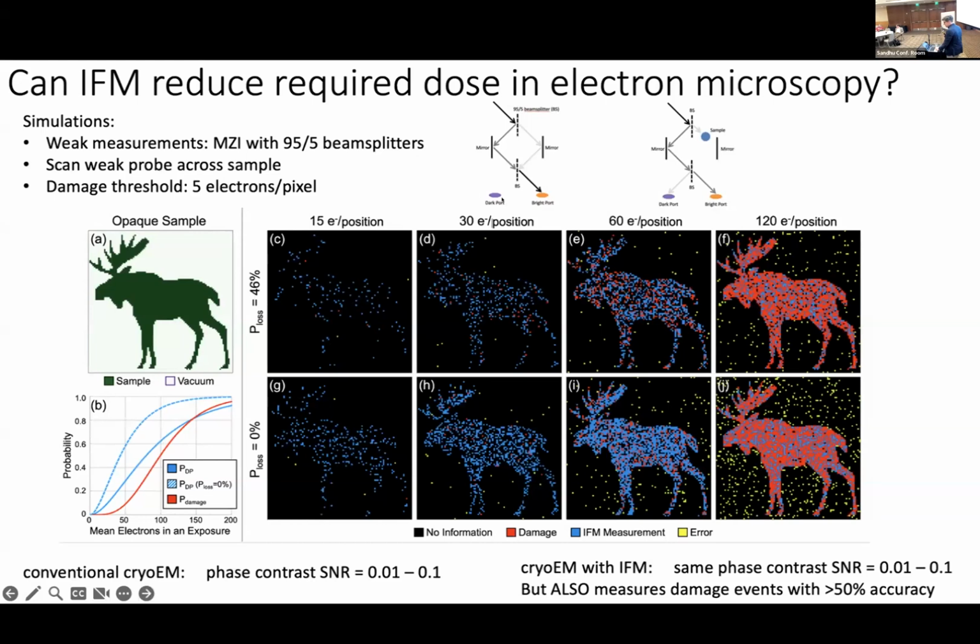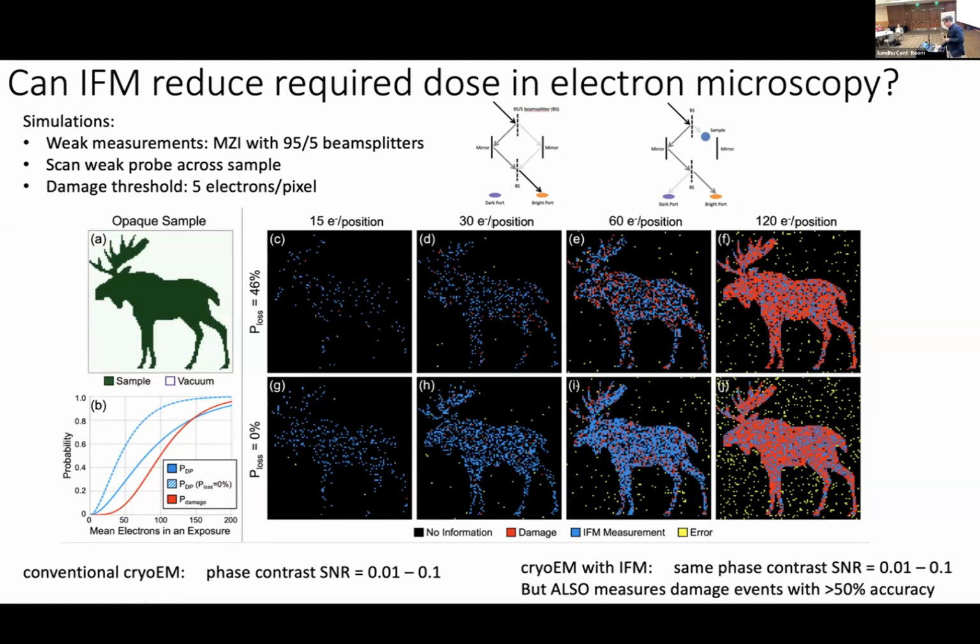Now, 60 electrons per position. If you think about 5 electrons per pixel, and roughly 5% of our electrons, that is actually hitting an opaque sample. That's when we're starting to see some damage.